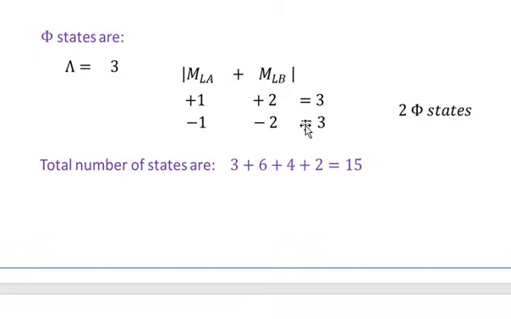The mod of these quantities will be equal to 3. So it means that 2 phi states are possible. So you see that we have worked out 3 sigma states, 6 pi states, 4 delta states, 2 phi states. How many states are there? 15. So the total number of molecular states will be 15 in number.